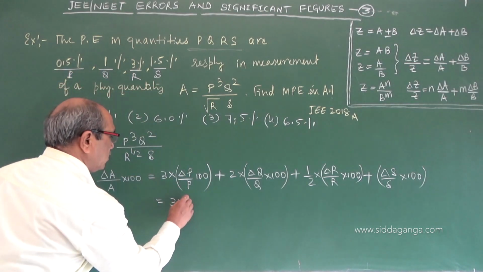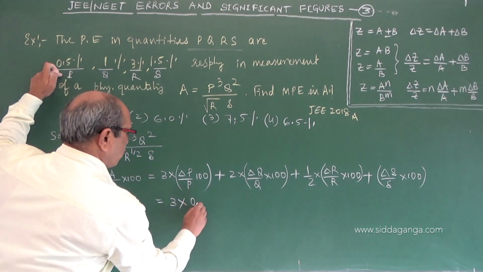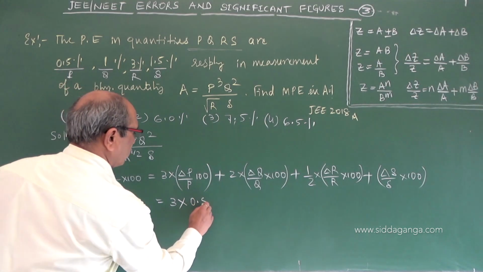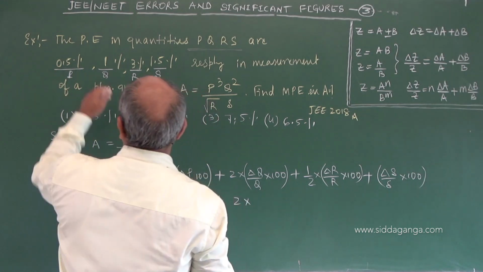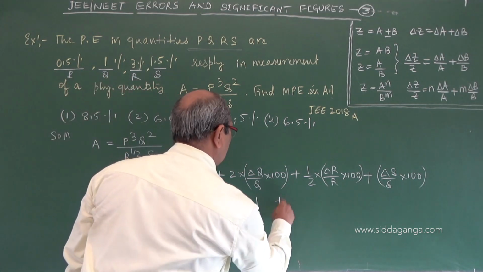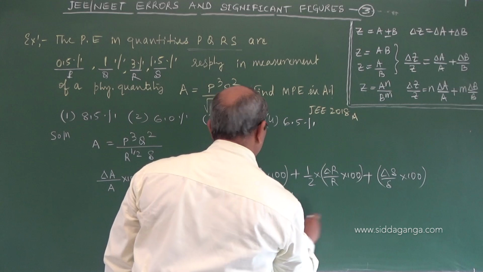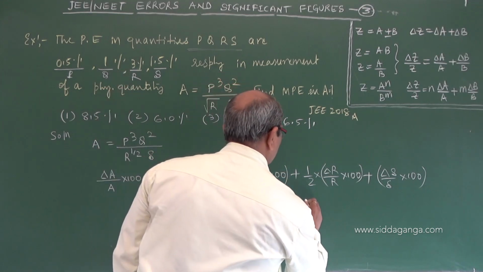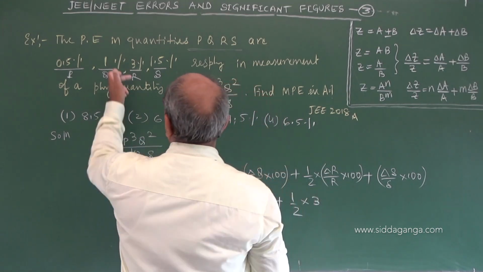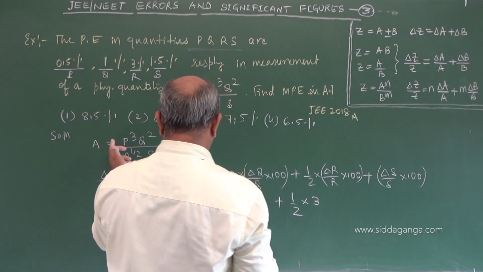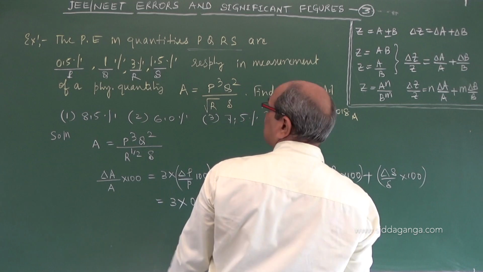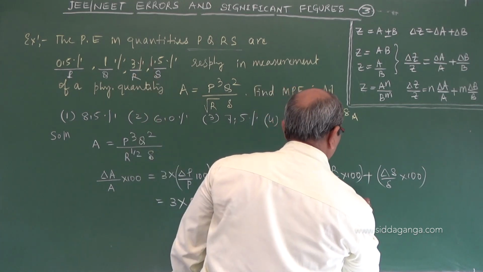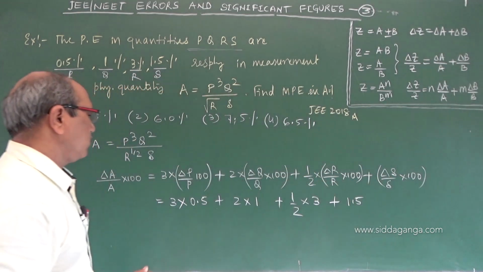So this is 3 into 0.5, plus 2 into Q's 1%, plus half into R's 3%, plus S's 1.5%.